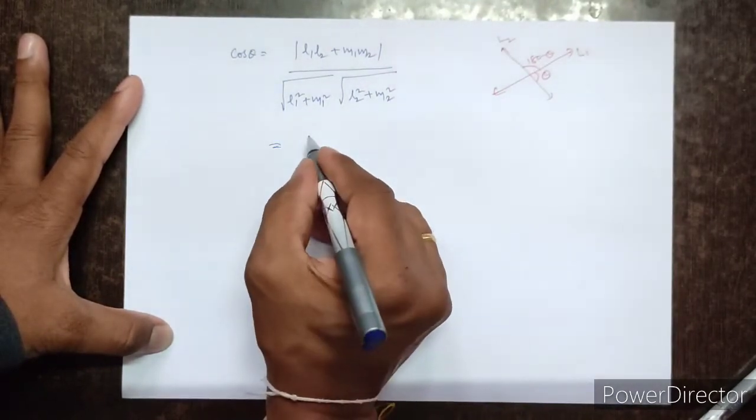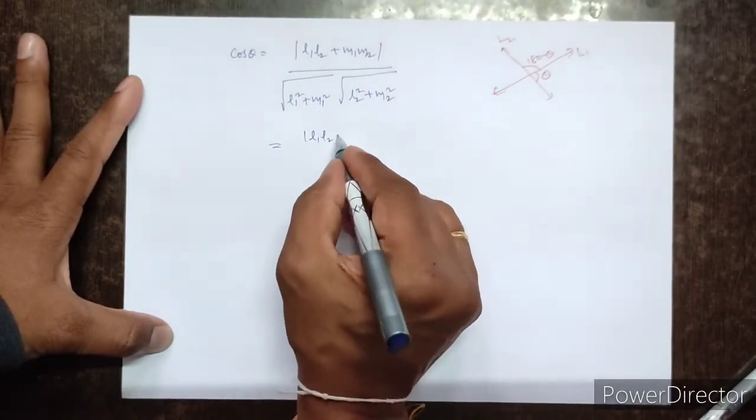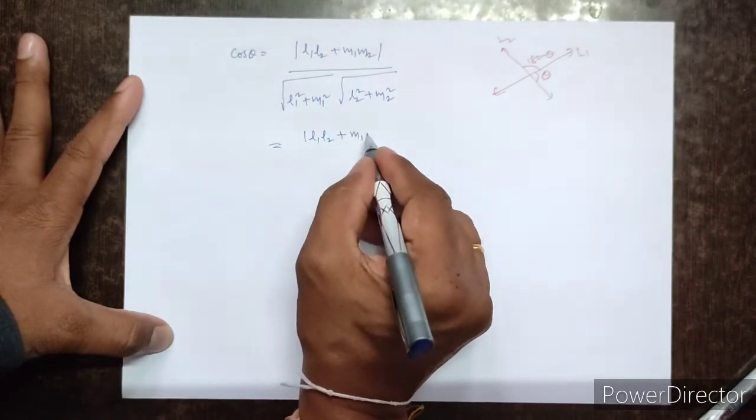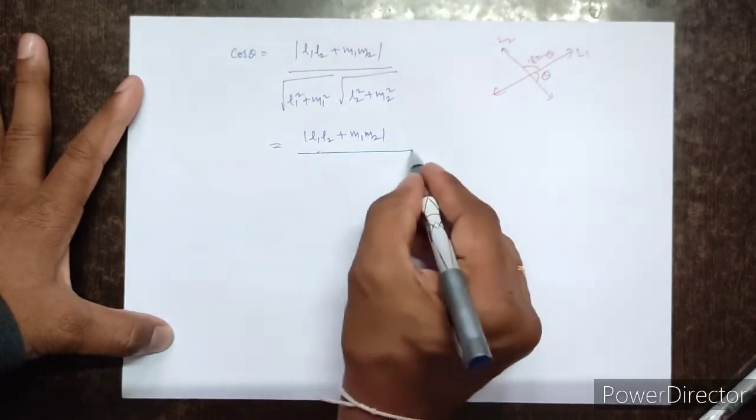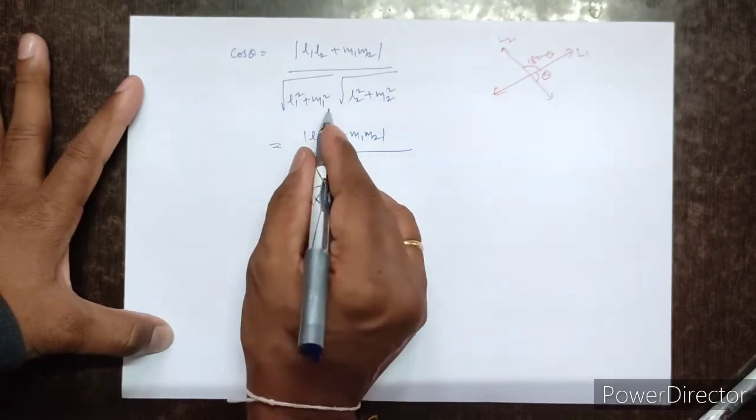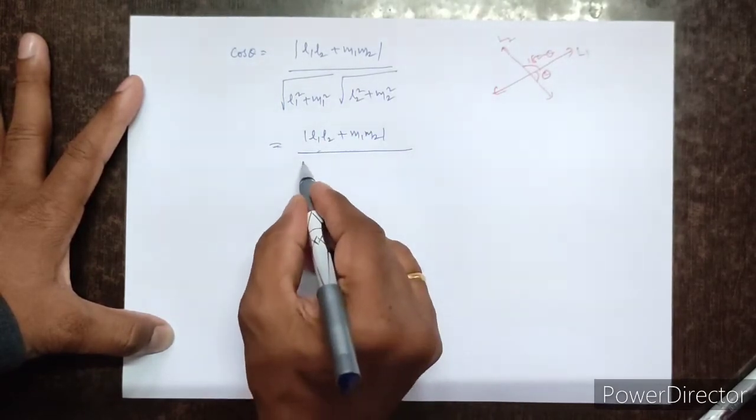To simplify this, the product of root a and root b is nothing but root of ab.